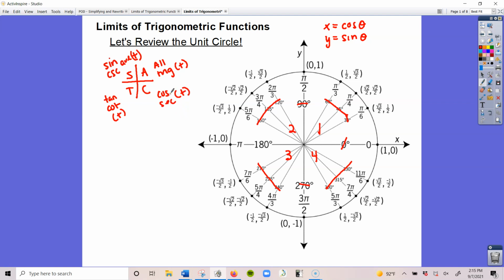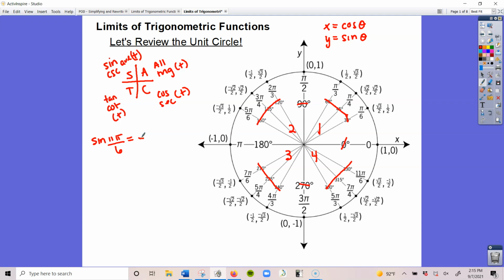So let's say I ask for the sine of 11 pi over 6. 11 pi over 6 would be in quadrant 4, since the numerator is double the denominator minus 1. And in quadrant 4, only cosine and secant are positive. So that means that the sine of 11 pi over 6, I'm just going to write it out so we know what problem I'm talking about, would be negative.